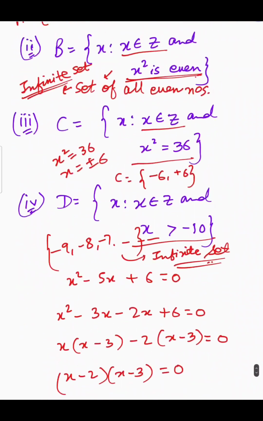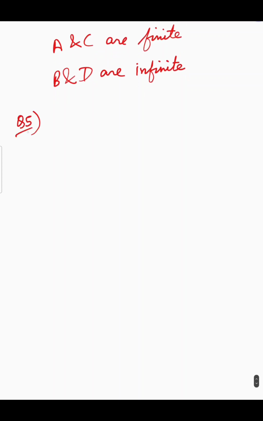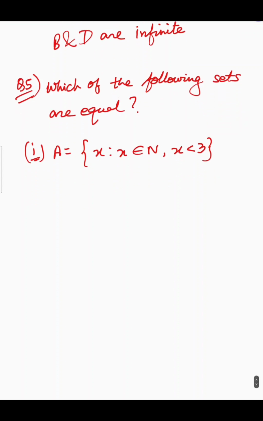Next question. Which of the following sets are equal? A is equal to the set of all x such that x belongs to natural numbers, x less than 3.